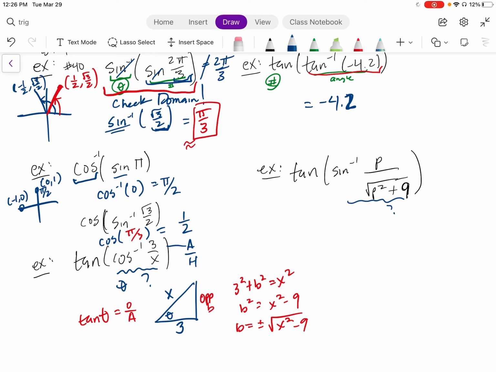All right, quick tip. These will always come out. You're not going to need the negative. Right? The reason being, think of cosine inverse. We had just talked about how cosine inverse falls quadrant 1 or 2 only. Right?